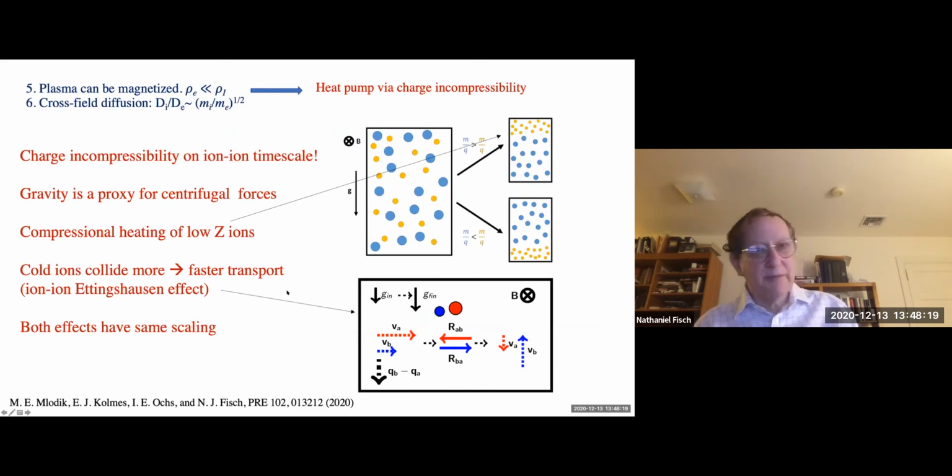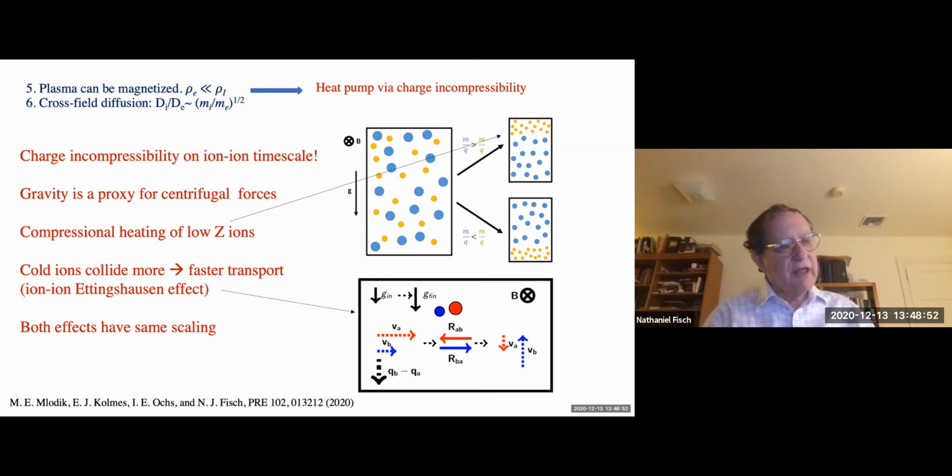So the final thing I'm going to mention, because I know I have just 1 more minute or 2 more minutes, is something that's also very interesting about plasmas. On the ion time scale, because of the difference in the electron and ion masses, if we look at collisions and charge transport in a magnetic field, you have to transfer momentum in the ions.